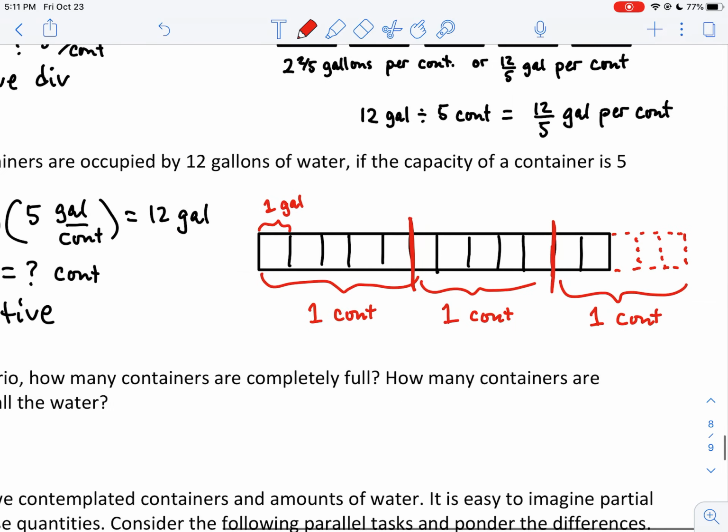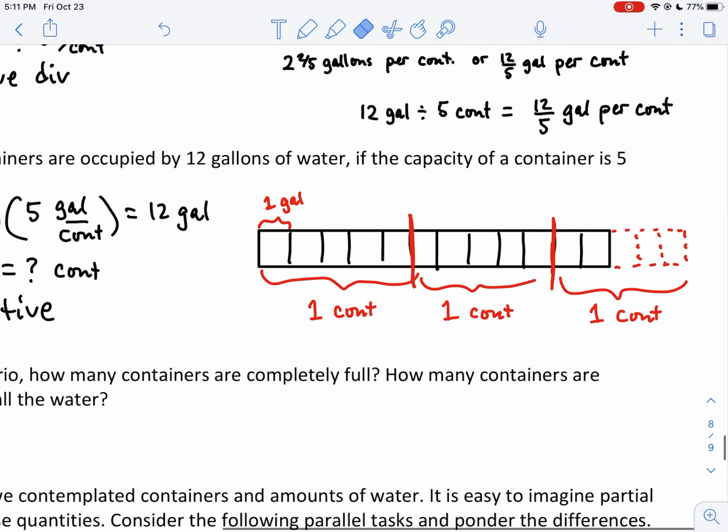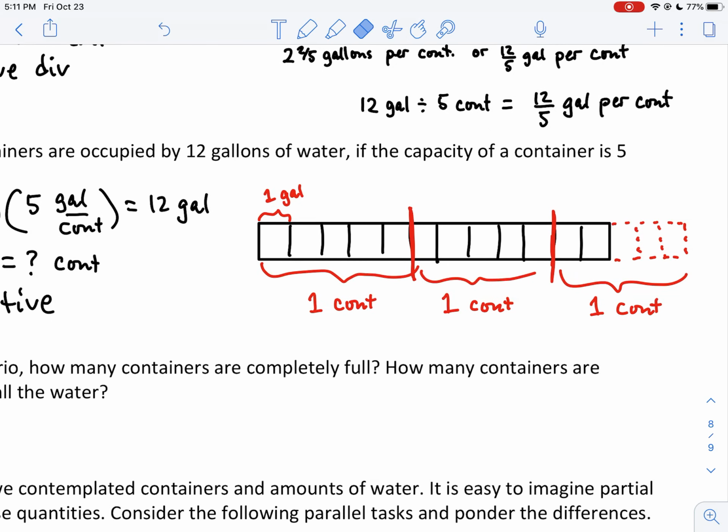So the question is, how many containers are filled, or how many containers are occupied? This can be interpreted multiple ways. You could say 3 containers have water in them, and that would be a true statement. But on this container that's not full, we want to say what fraction of it is full and give that as our answer.